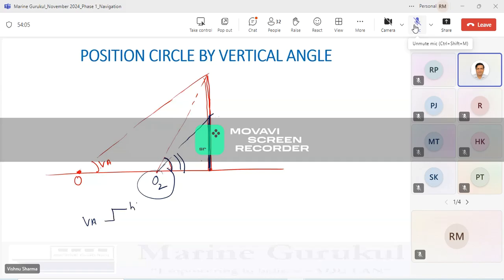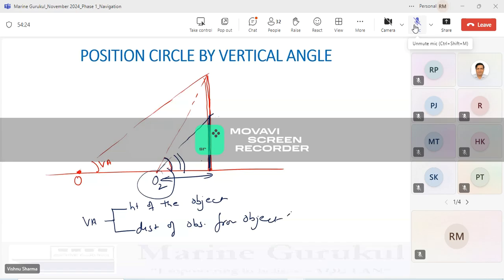One, the height of the object, and second, the distance of the observer from the object. These are the two factors on which it will depend.